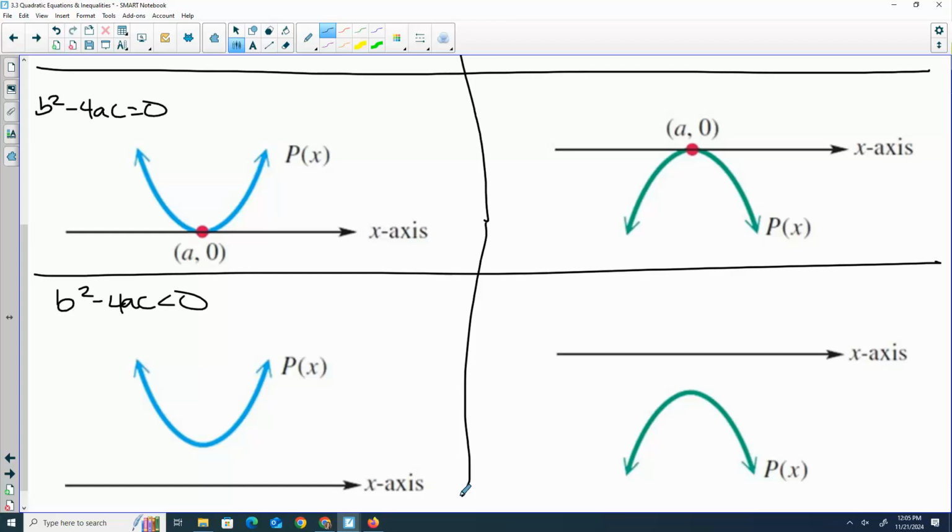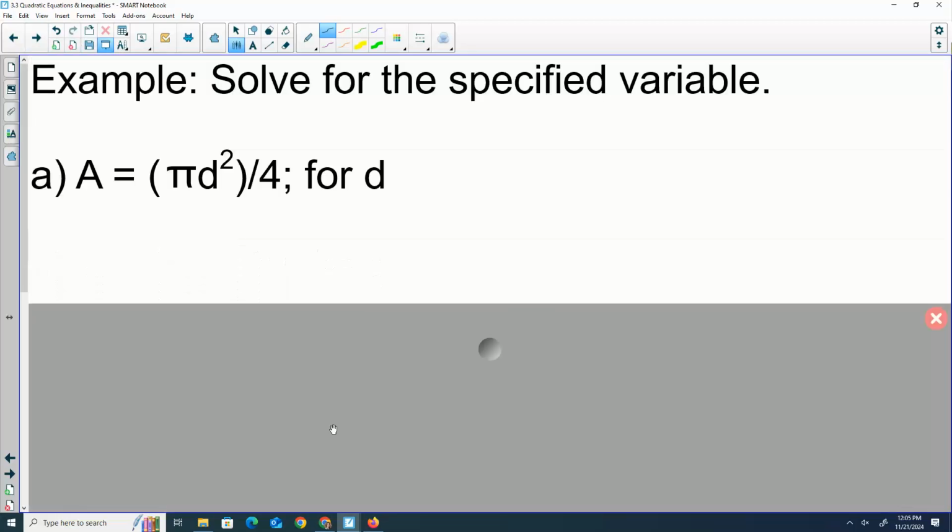Last thing I just want to see, can you manipulate an equation and solve for a variable? So if I said a equals pi d squared divided by 4. Can you solve that for d? Good. So first step, get rid of the fraction. Multiply by 4.